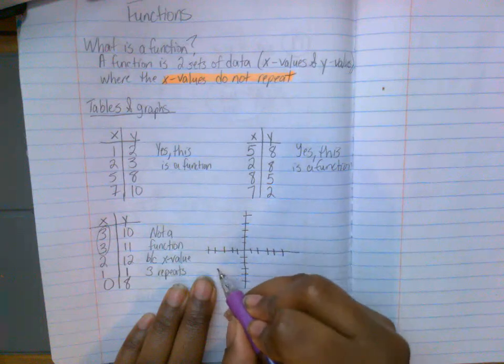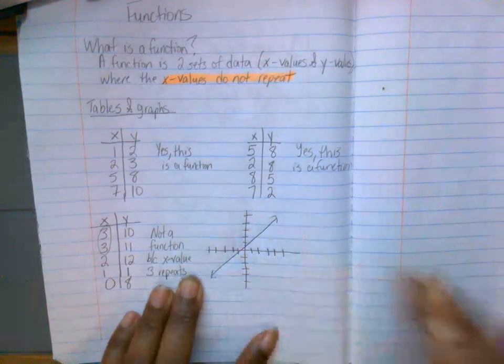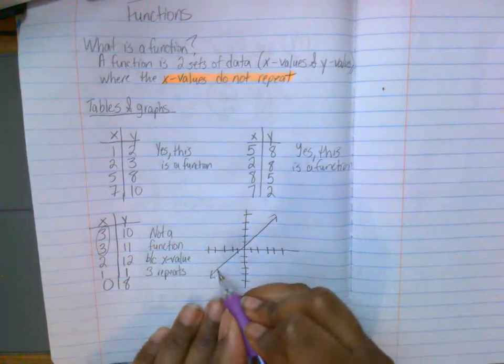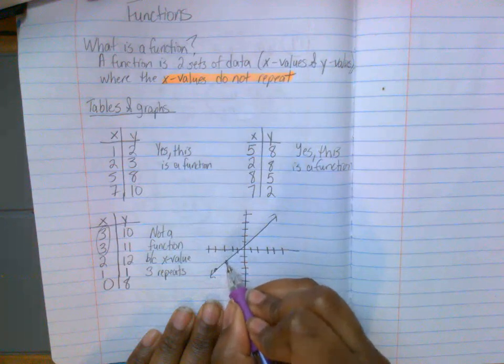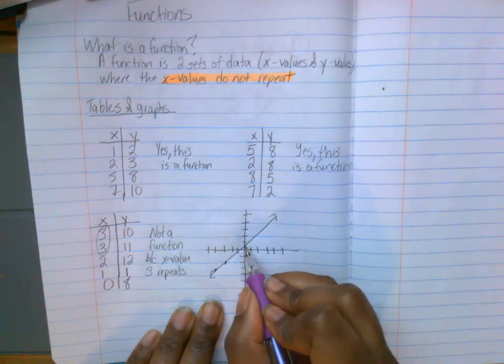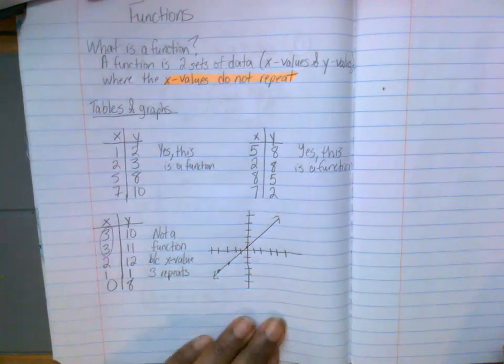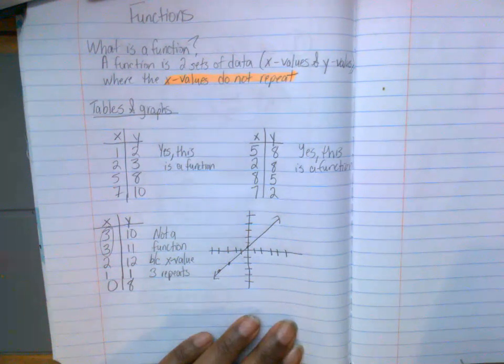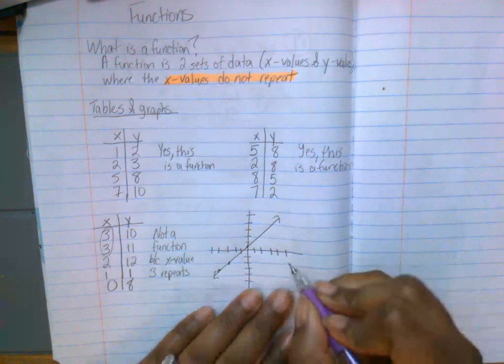If I have a straight line, are any of the points on this line, this point right here, this point right here, this point up here, do any of the points on this line have the same x value? I see some people shaking their head. No, they do not. So this is a function.